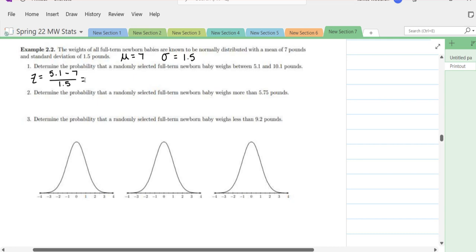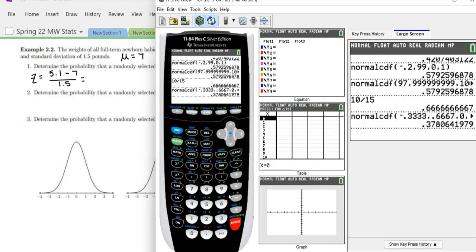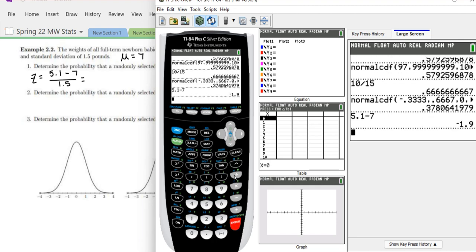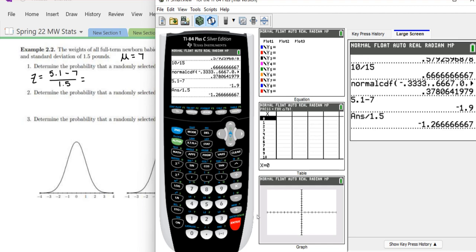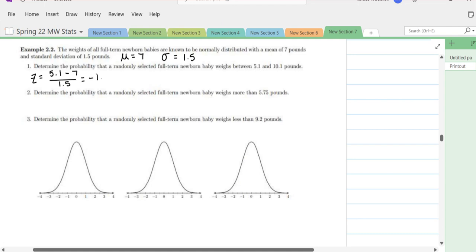So that is going to give us negative 1.2667 for our first z-score. Then our upper z-score, so let me just put this on here. So about right here.